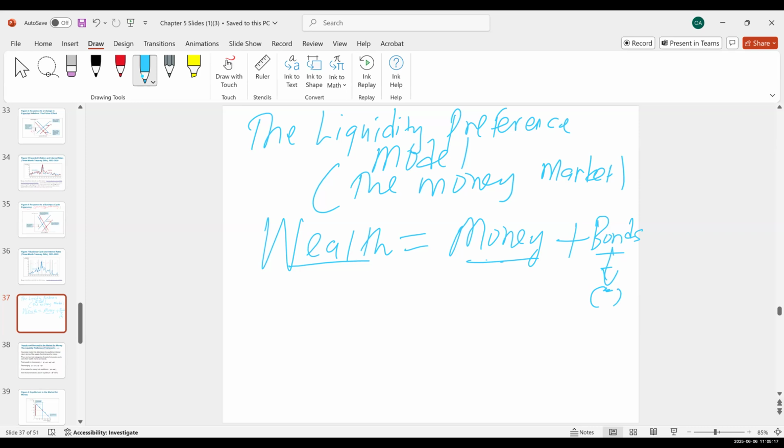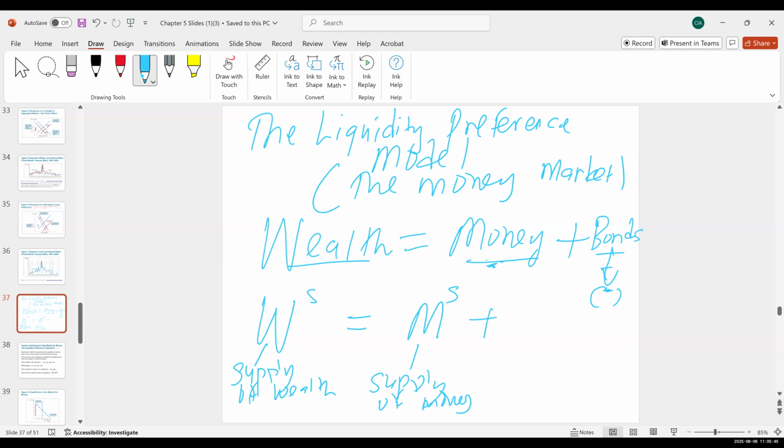Because we like to talk about demand and supply side, he's going to say that the supply of wealth in the economy, which we're going to denote as WS, supply of wealth, is going to be equal to the supply of money, which we can represent as MS, supply of money in the economy, plus the supply of bonds, which is BS.